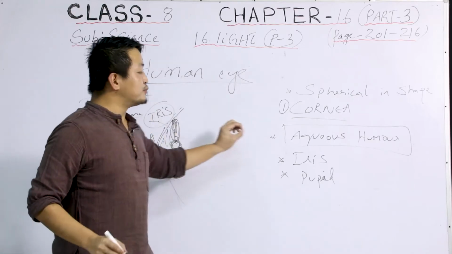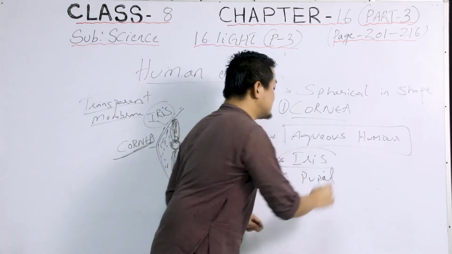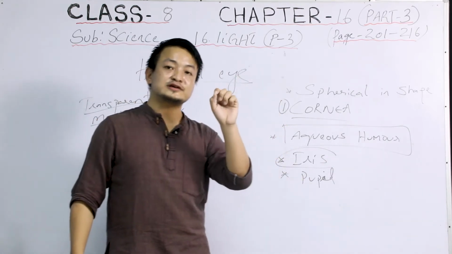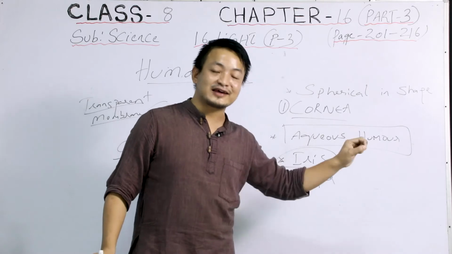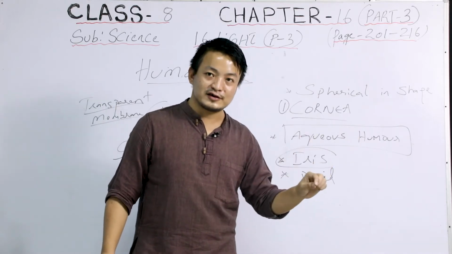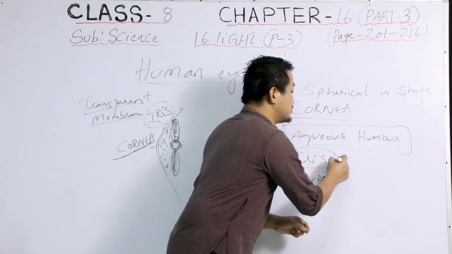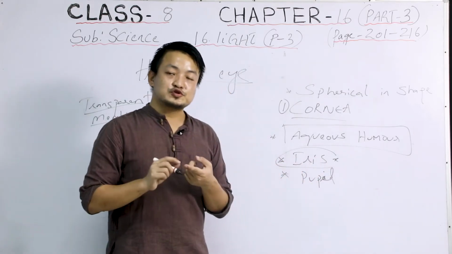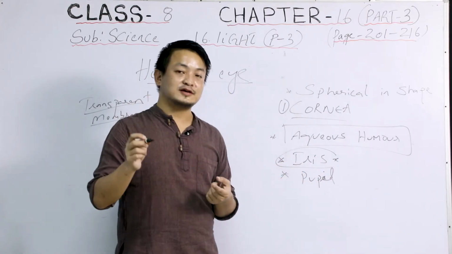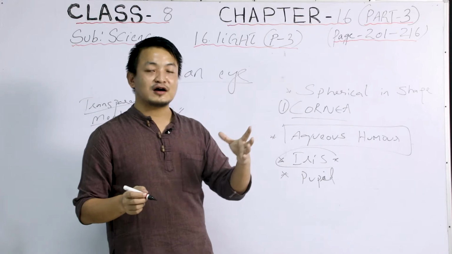Now the very important part of the iris is that the iris controls the amount of light entering our eye. You can note this down.